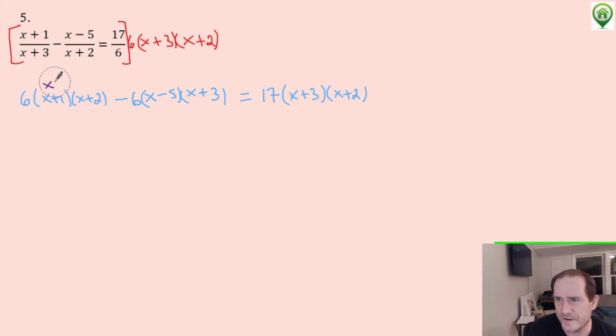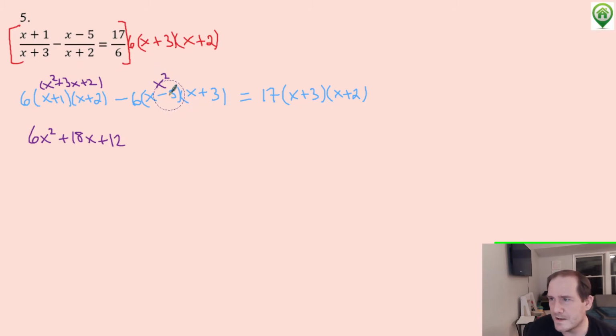So this is what? x squared plus 3x plus 2. You're distributing a 6 onto that, so you'll get 6x squared plus 18x plus 12. This is x squared minus 5 plus 3, so minus 2x minus 15.